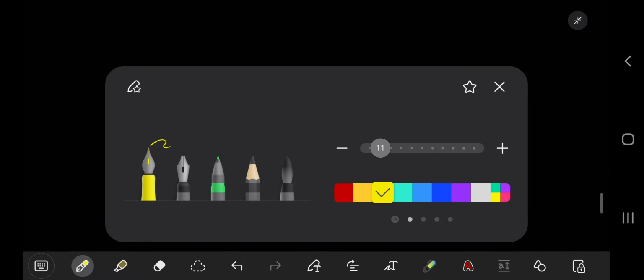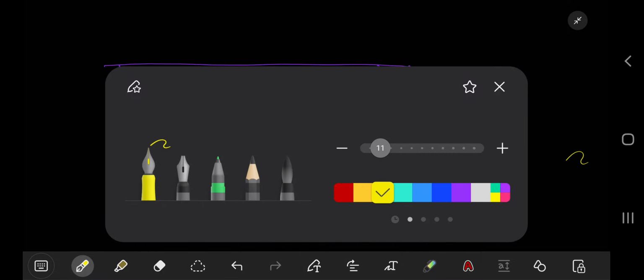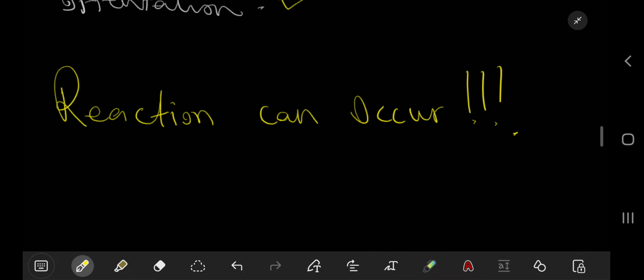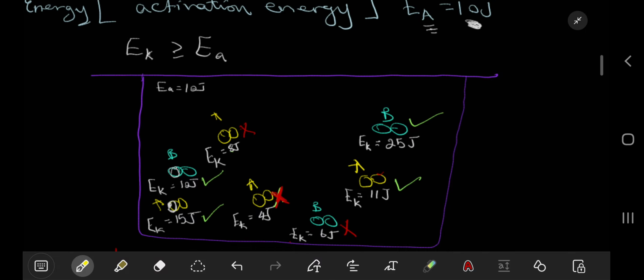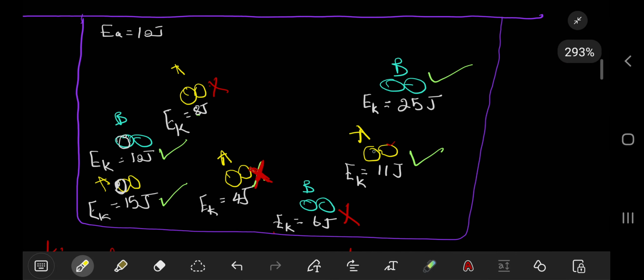So now let me draw the container again. And we had particles inside here, so particles of A or molecules of A. Up here we had two particles that are participating in the reaction for A, which is this particle here that had 11 joules, that we said is participating because 11 joules is greater than 10.